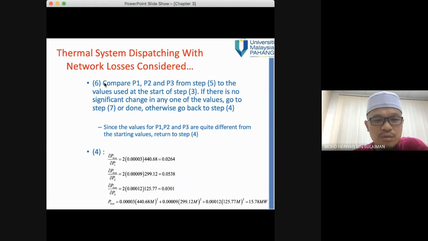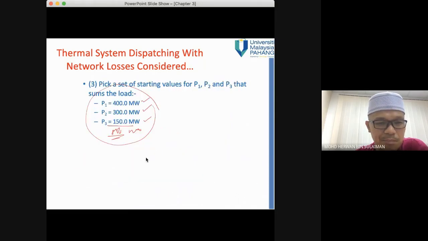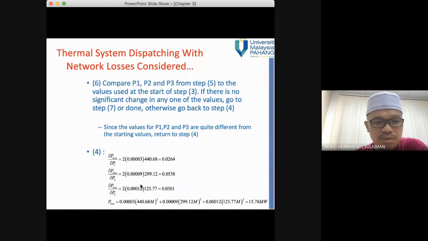So now you have to compare P1, P2, P3 with your initial values. If there is no significant change, you stop. Significant change means you start with 400, 300, 150. Now it is 440, 299, 125. So there is quite a significant change.